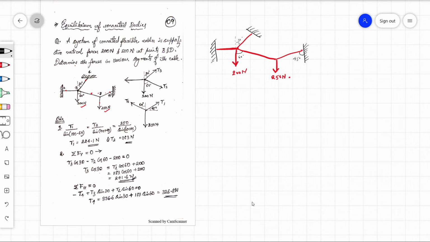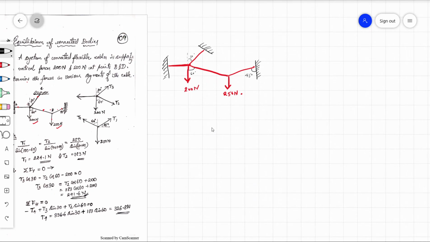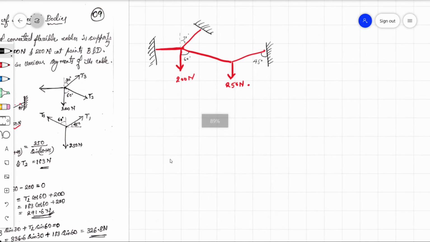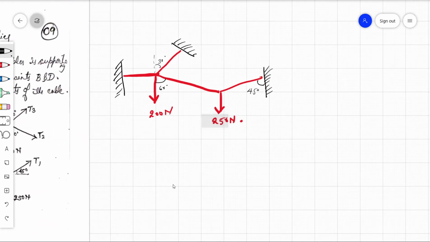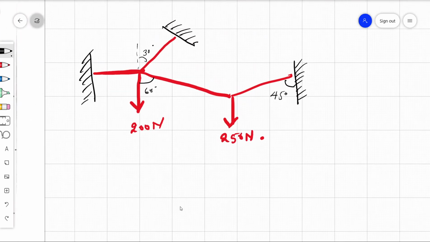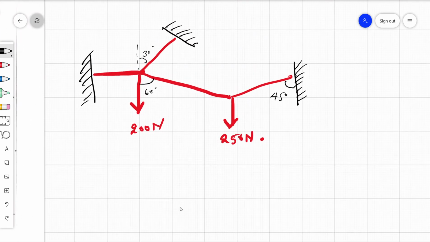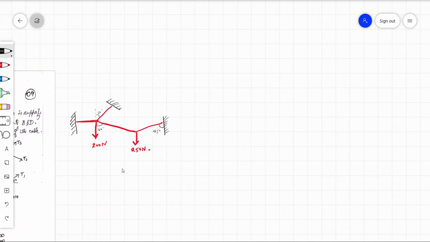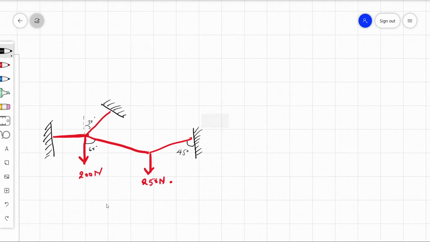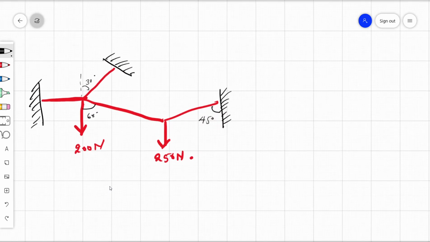What is the next thing to go on after this? Let us try to solve this. How do we solve this?